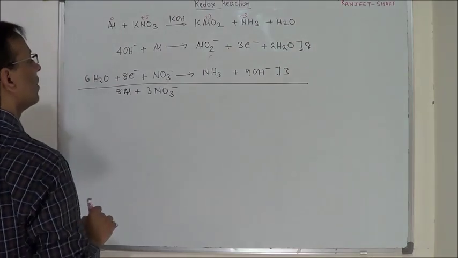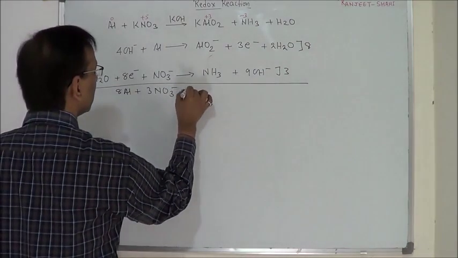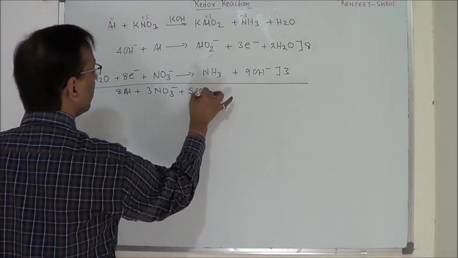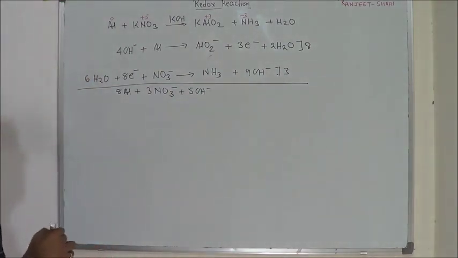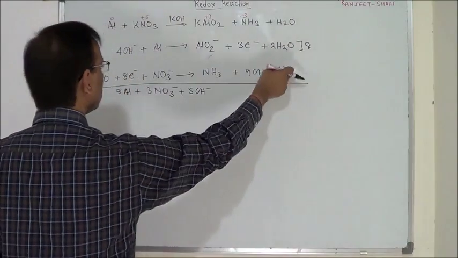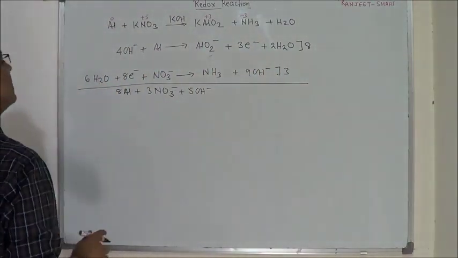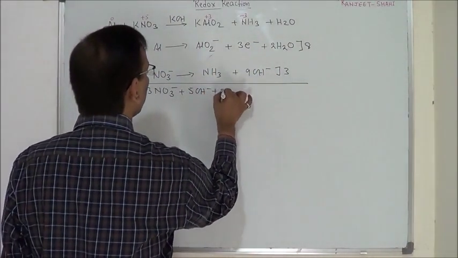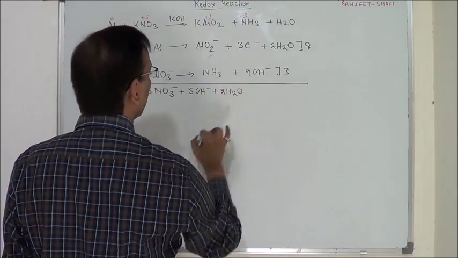So 27, so 5 hydroxide on the left side. What about water? 8 into 2, 16, 3 into 6, 18. So 2 water on the left side.